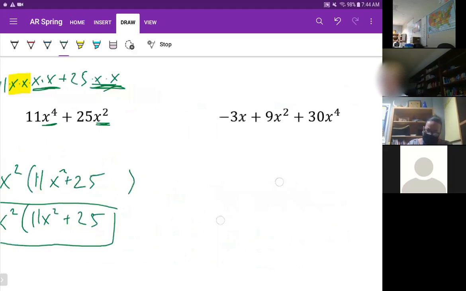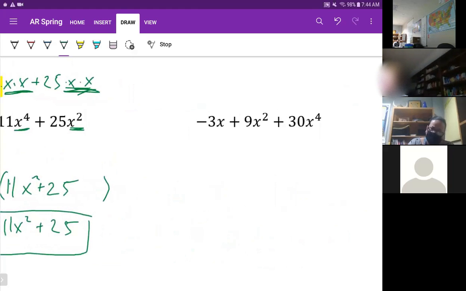On Canvas, some of your problems will look like this, where it'll be 3x, and then you have these parentheses where you fill in the blank. When you have that, we already did the first step for you, so you just have to see what factors out.